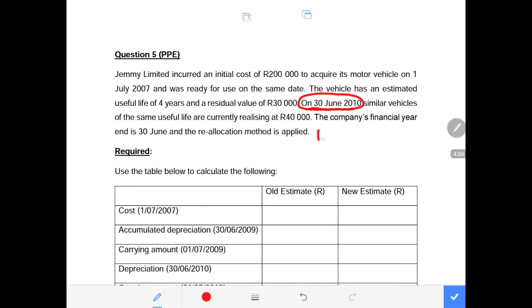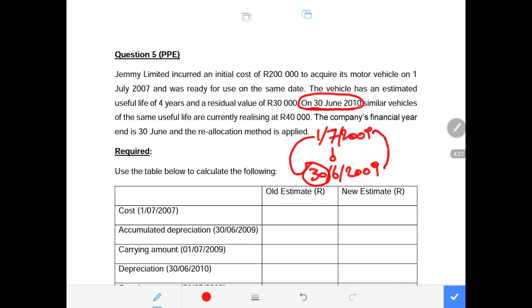That means the change in estimate took place on the 1st of July 2009, which is the same as the 30th of June 2009. I want to bring this to you because the closing balance at the 30th of June 2009 becomes the opening balance on the 1st of July 2009.